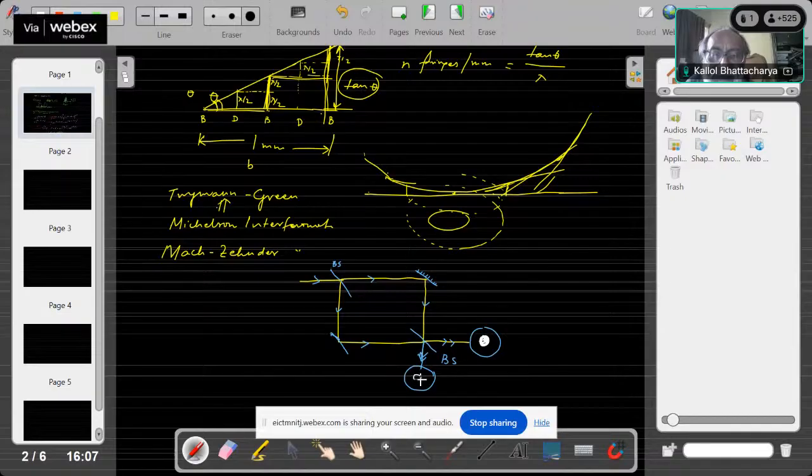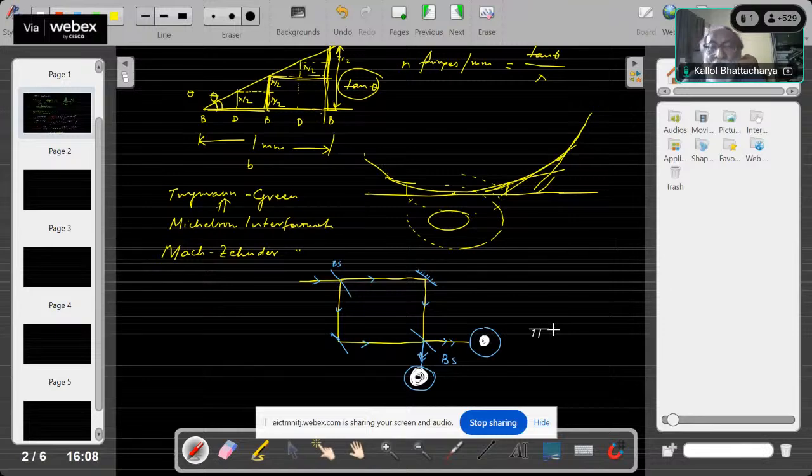Then this will be bright. Why is this so? You have a bright center here and a dark center here, which means that these two fringe patterns have a phase difference of pi between them. The phase difference of pi reverses the contrast. Bright becomes dark and dark becomes bright. If you go back to the I versus delta curve, you will see this happening.